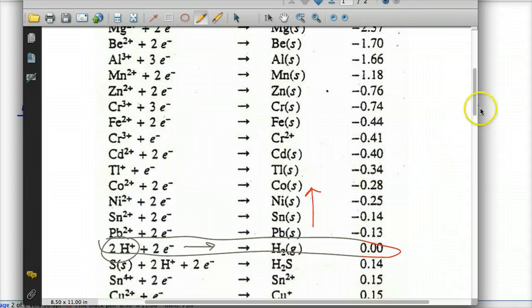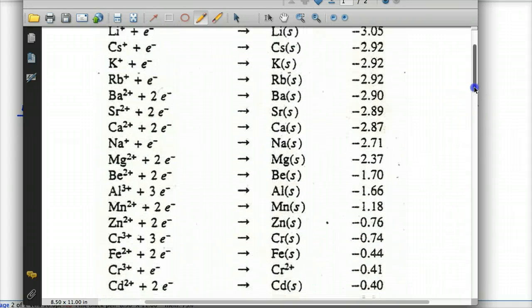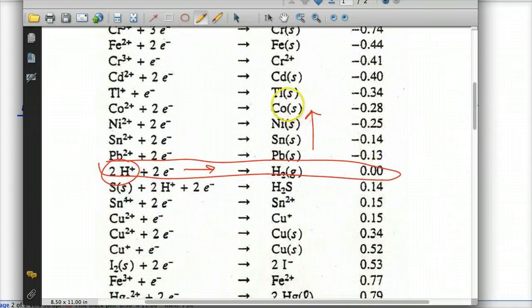As you go up in this table, it might be different from what you see in your class. In this table, I have the metals listed up top, and they're more negative as you go up, because these metals love to oxidize, so their positive values actually get bigger when you consider them going in the reverse. This is listed as a reduction table.